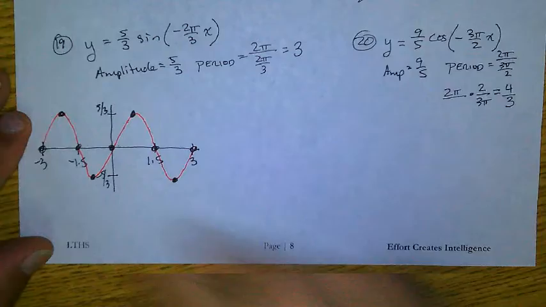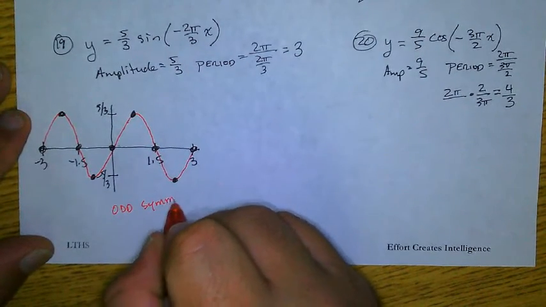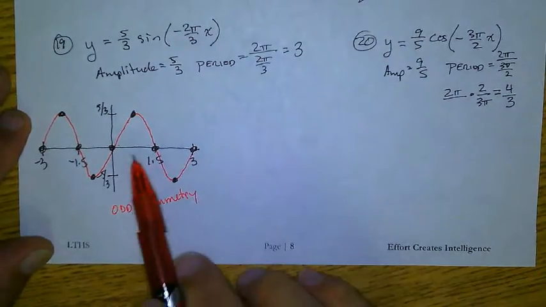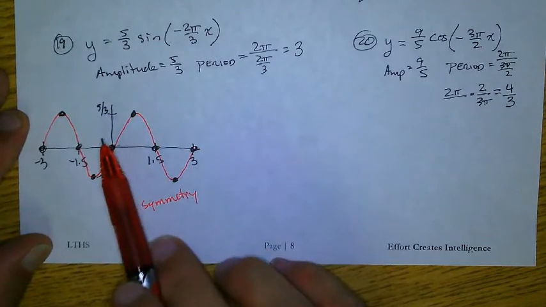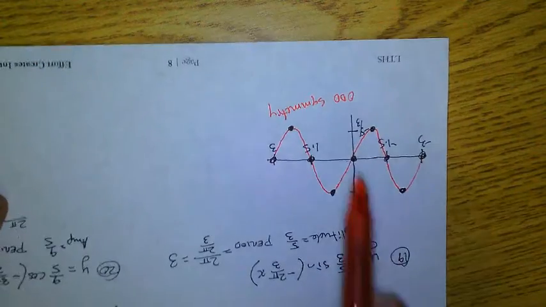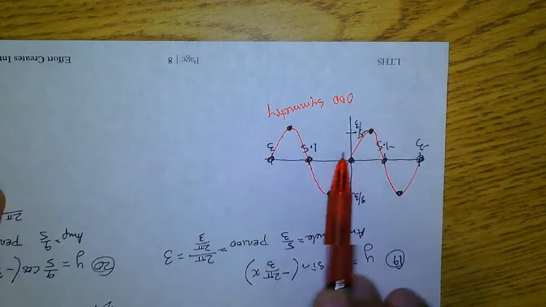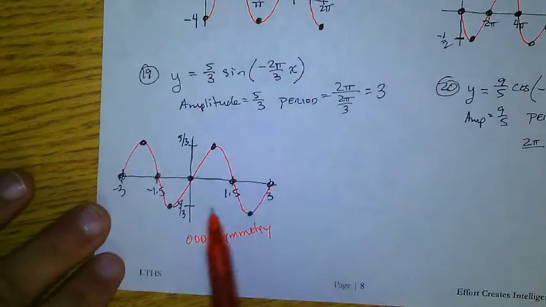Notice that this graph has odd symmetry. I am a sine function that goes through the origin, so I'm going to have odd symmetry. What does that mean? All it means is that if I turn this graph upside down, you really can't tell much of a difference between what this graph looks like and that graph. They look the same.